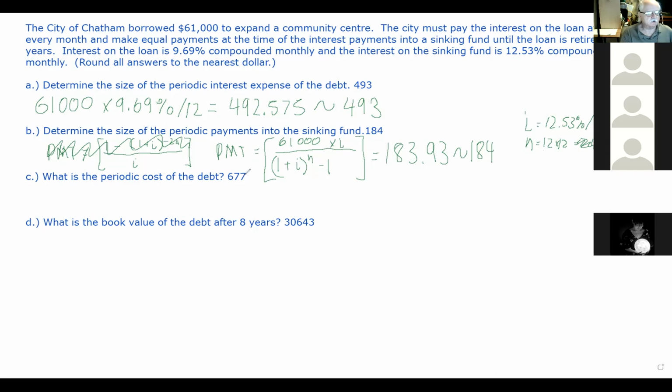So the periodic cost of the debt, they're paying this plus this, so it should be 493 plus 184.